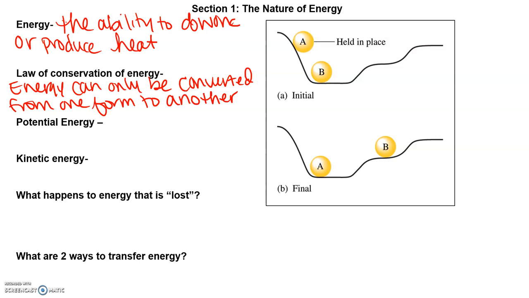And so potential energy is energy due to the object's position, and I'm just going to use a capital E from now on for energy just because I don't want to write the whole word. So energy due to the object's position. And kinetic energy is energy due to motion.